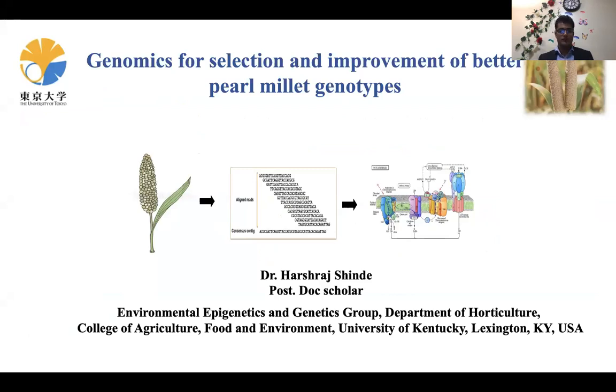Currently I'm working in the genomics, epigenetics and genetics group under the Department of Horticulture here. During my PhD, I worked on pearl millet. Here I will speak mainly about the salinity trait and how we applied genomics to study salinity stress in pearl millet.